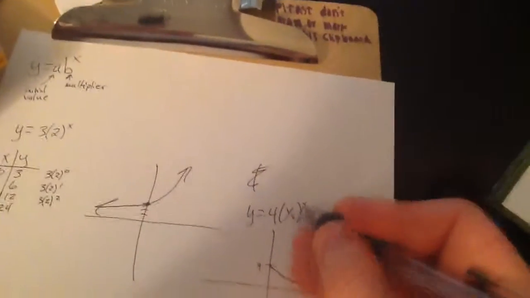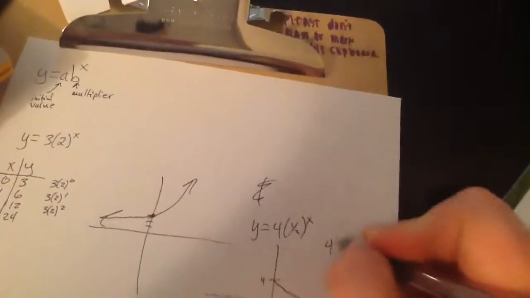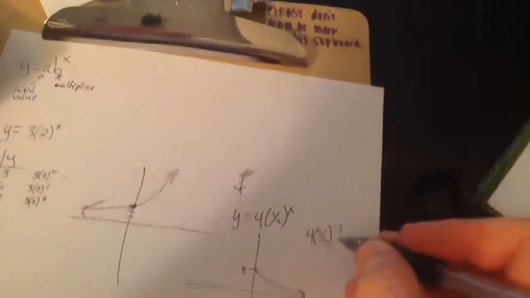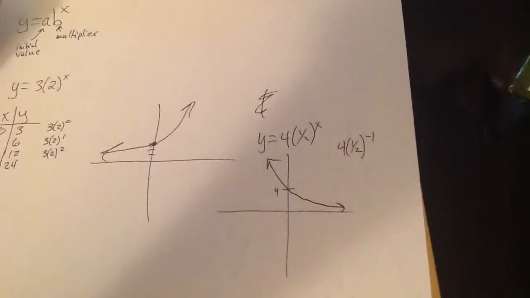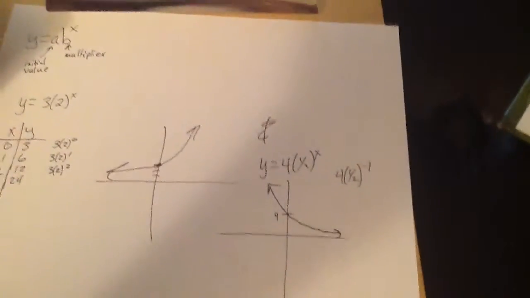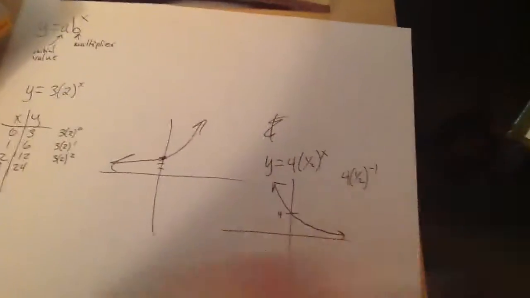And if you go backwards, 4 times 1/2 to the -1. Well, -1 power, you put it over 1, you're going to end up flipping it. If you want to know why it works, you can ask me when I Skype you. It's a pretty exciting conversation. But yeah, it's going to go down if your multiplier is less than 1.